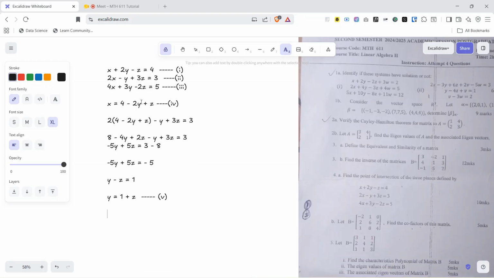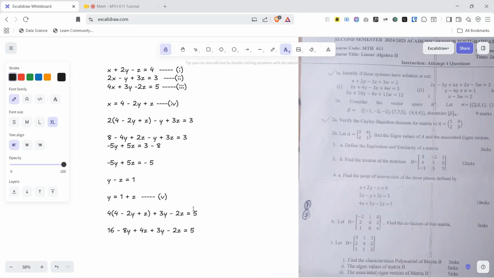We are now going to plug x also into the third equation, which will give us 4 times (4 minus 2y plus z) plus 3y minus 2z equals 5. So this will give us 16 minus 8y plus 4z plus 3y minus 2z equals 5.